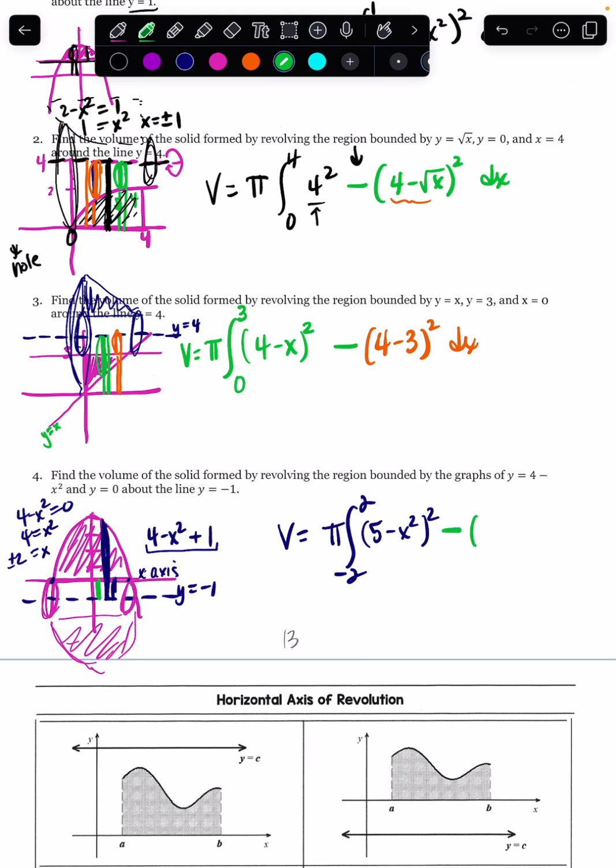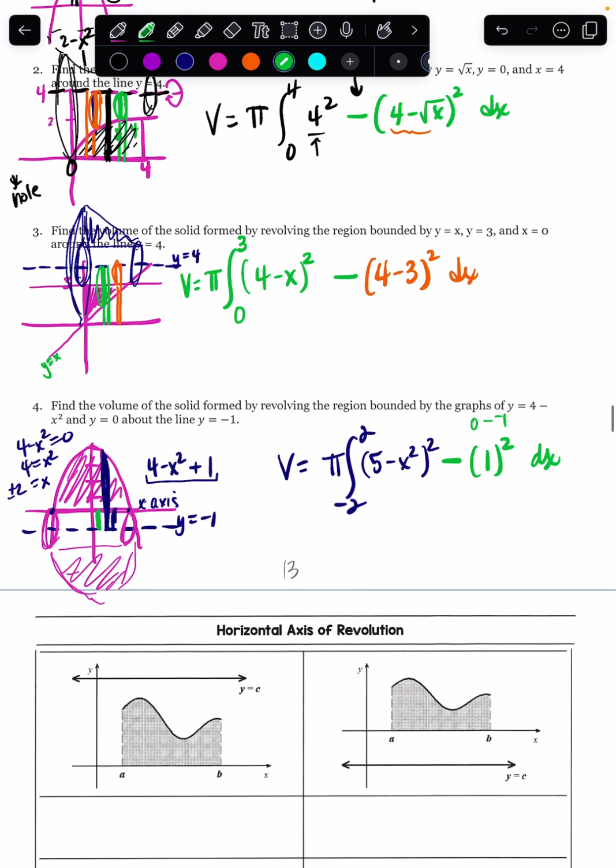So minus 1 squared. Okay, now if you want to keep thinking about that as top minus bottom, it's 0 minus a negative 1. So that's why it's 1. Okay, hopefully the setup of all of those makes sense. And you can start to try your own.